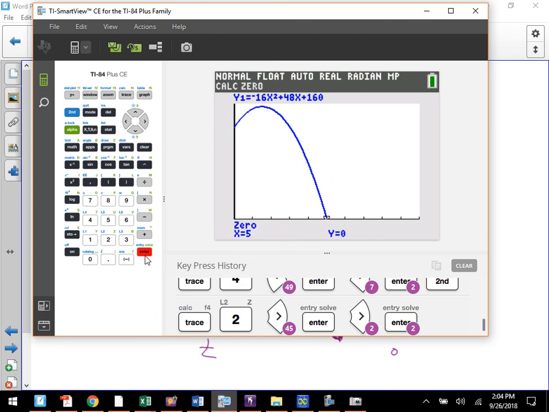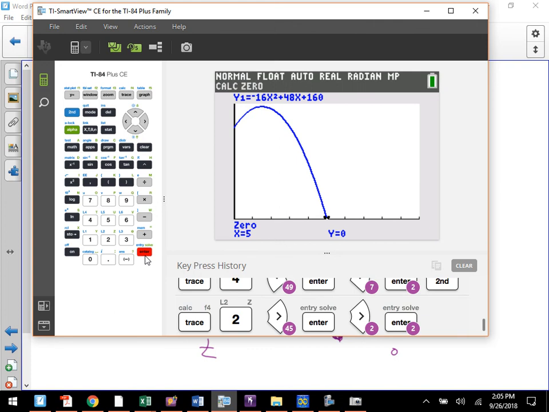And it took 5 seconds for it to hit the ground. Well, you take something in your arm, you reach back, you step and throw. You give it an initial velocity. And then gravity is the negative 16t squared.